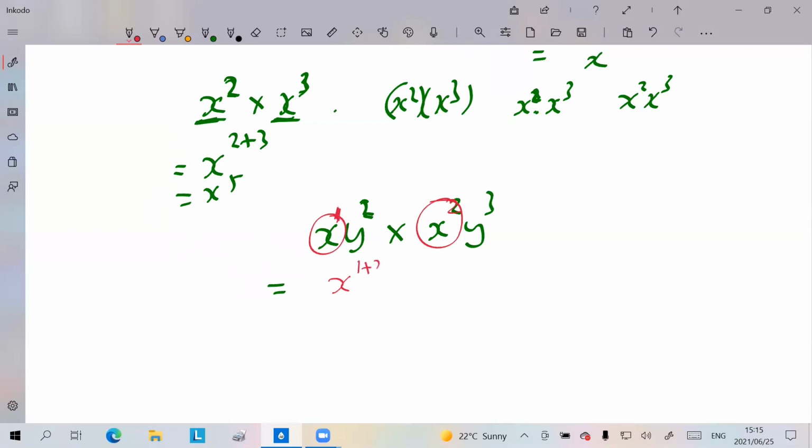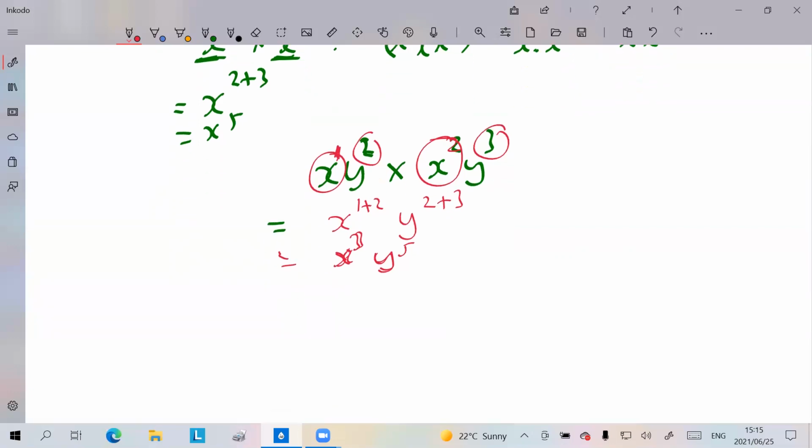So it's 1 plus 2, and you've got the y, and there's 2 here and 3. So 2 plus 3. So the base is the same, you write on the base, you add the exponents. So this becomes x to the power 3, y to the power 5. Yes, I know I have wonderful writing. X to the power 3, y to the power 5, there's your answer. Right, very basic, but you need to know it.